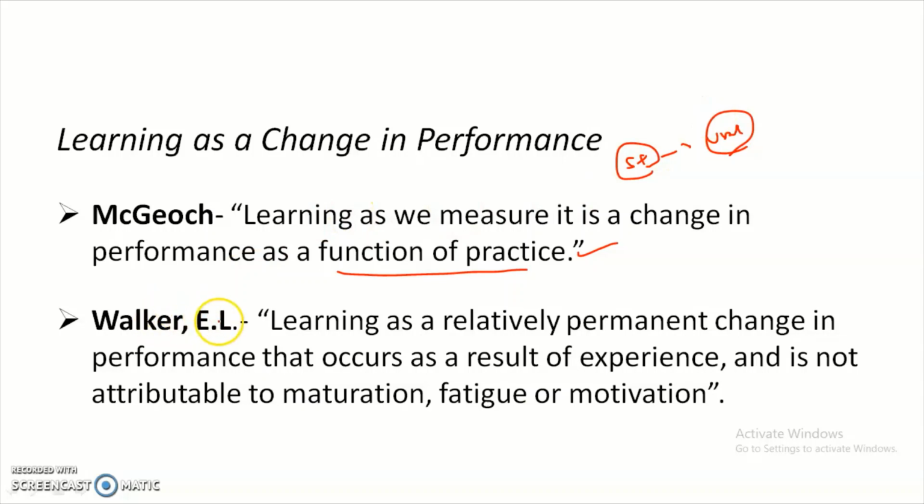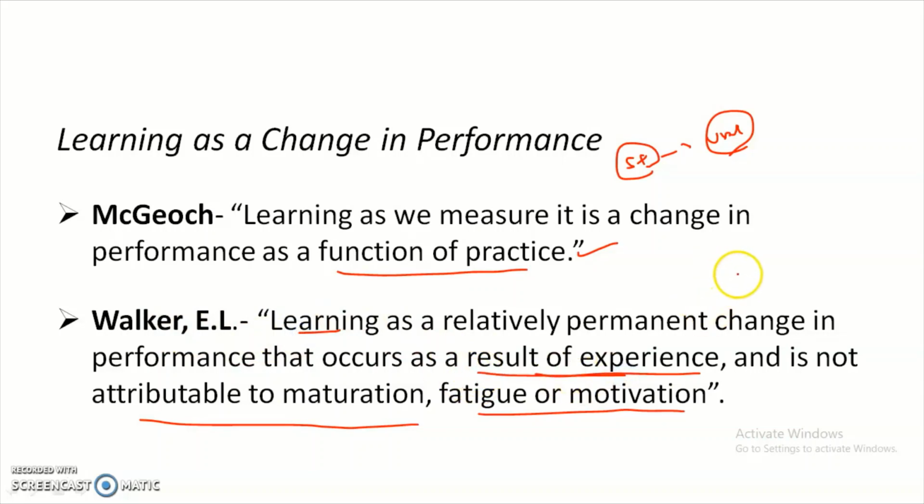And coming to Walker, learning is a relatively permanent change in the performance that occurs as a result of experience and is not attributable to maturation, fatigue, or motivation. That means, as per Walker's definition, learning comes from the result of experiences, right?